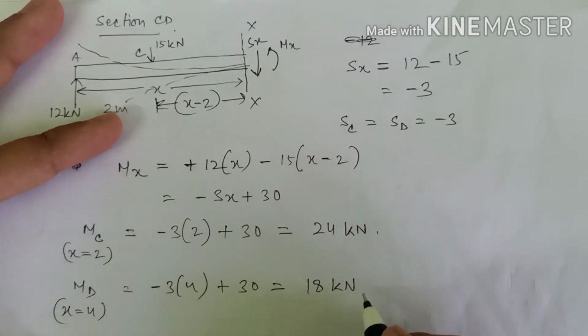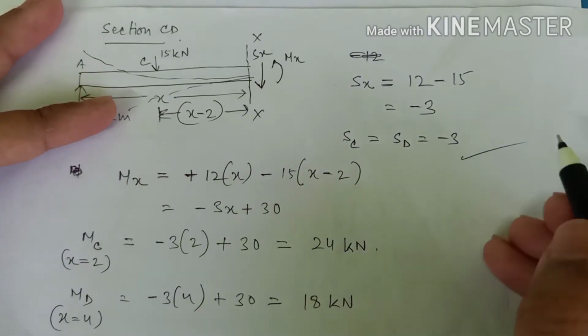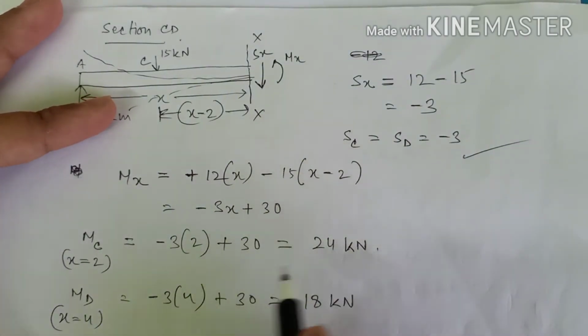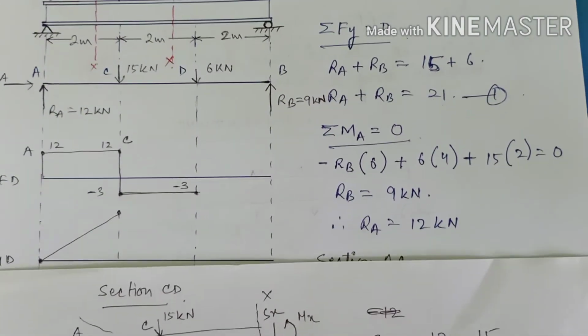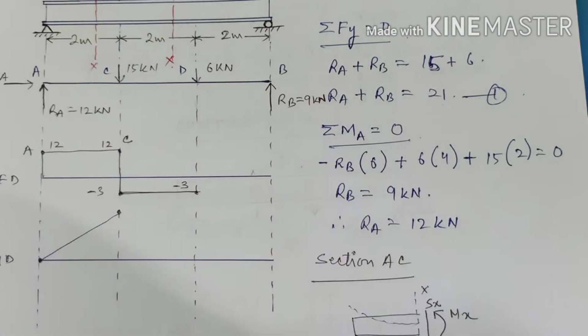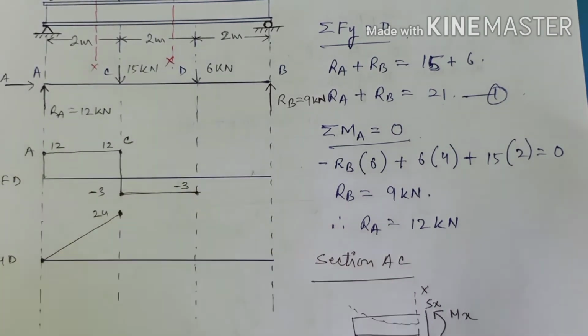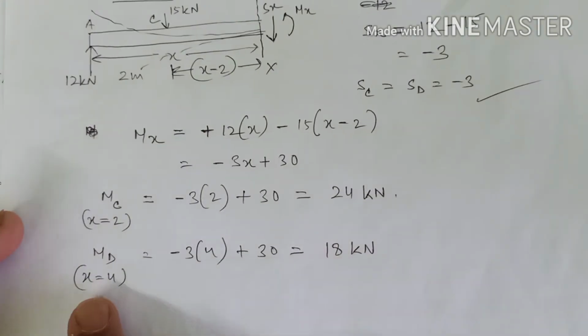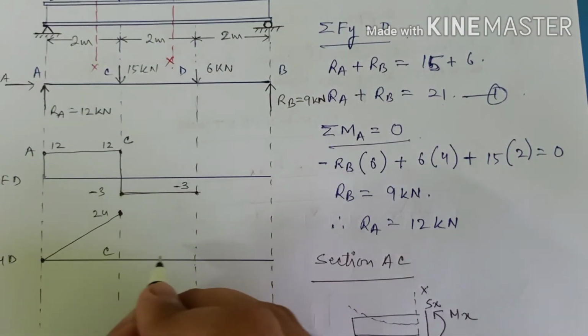Now just quickly plot this. So C and D, we have already plotted the SF, the shear forces. Now it's time for bending moments. So the bending moment at C will be 24, right? So see, this is 24. So this is the bending moment at C, and the bending moment at D will be 18. So this is my C point, this is my D point.